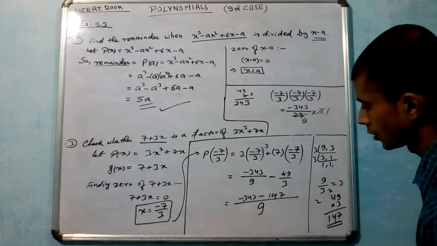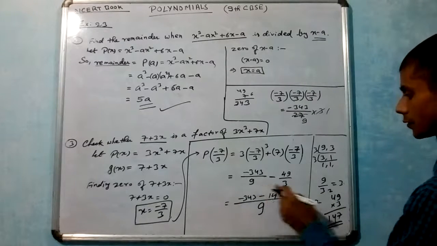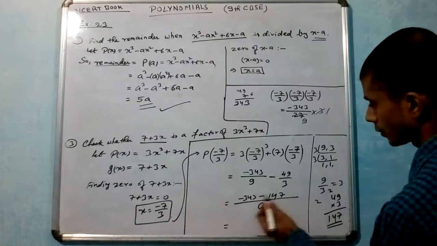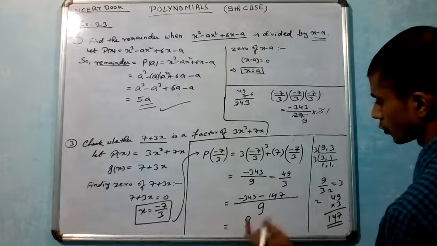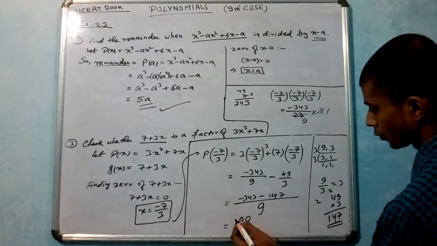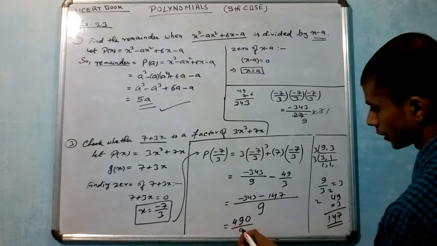Now both have negative signs, so what to do? We will add. So 343 plus 147 gives 490, so it is 490 by 9 with a negative sign.